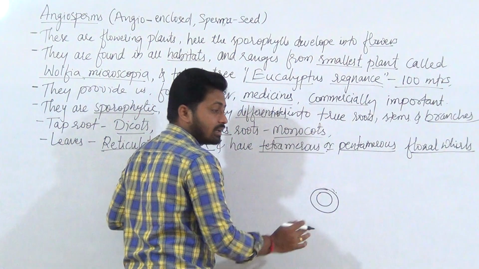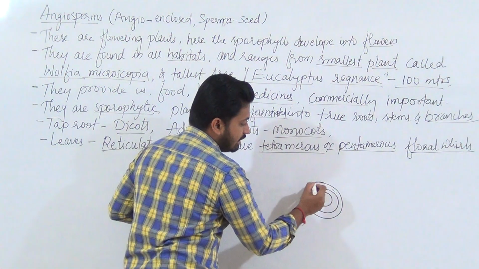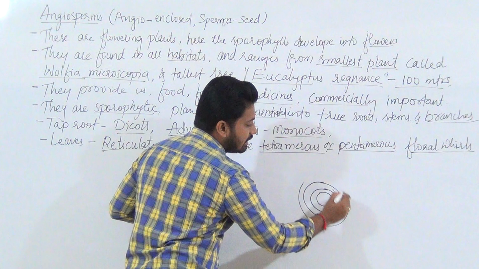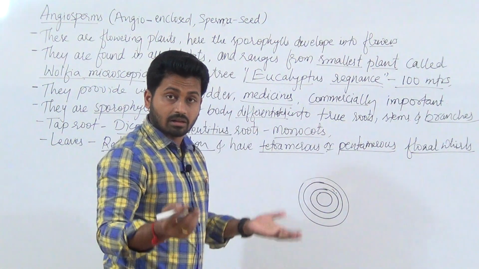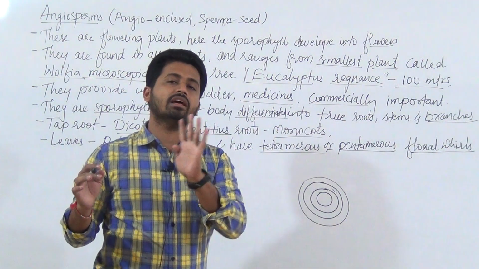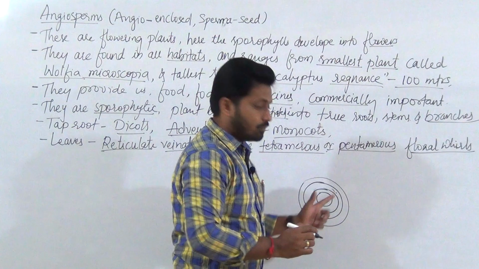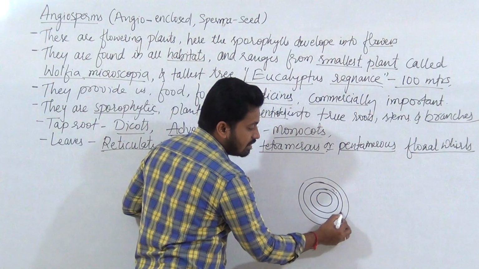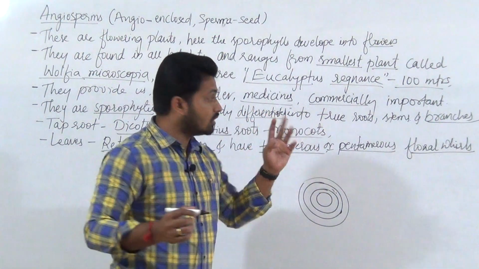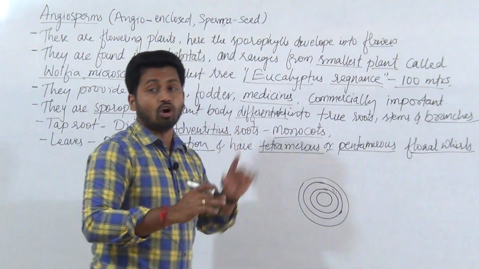This is the ovary part, gynoecium, and here come the petals, and around them finally there is the green leaf-like structure, calyx. I will draw the diagram at the end, a typical flower diagram I will show you. So in each whorl 4 to 5, for example this is petal, 5 petals may be there or 4, that is a feature of dicot, okay.